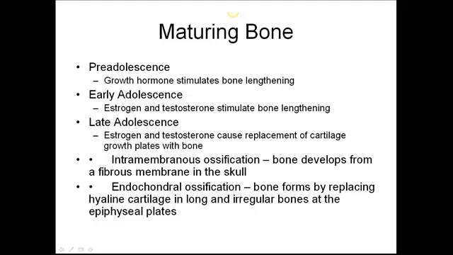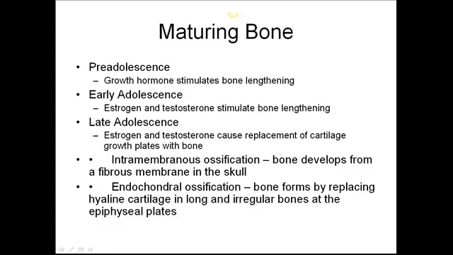During puberty, estrogen and testosterone start to course through the body, and they stimulate the lengthening of the bones. And then in late adolescence, estrogen and testosterone again cause replacement of the cartilage growth plates with bone. So we do have a remnant of our growth plates, but they don't grow anymore as adults.